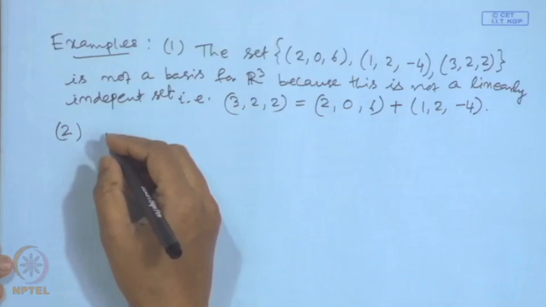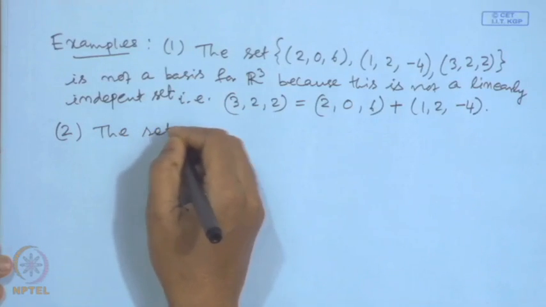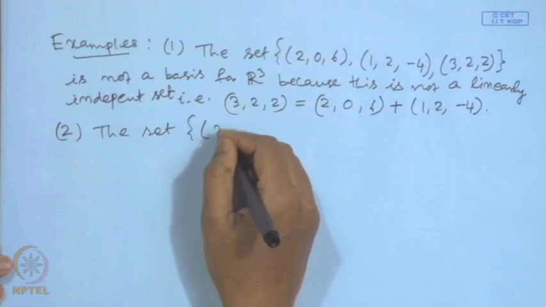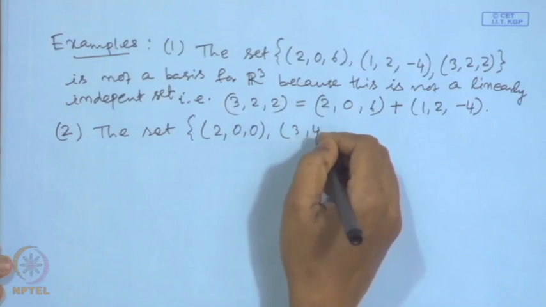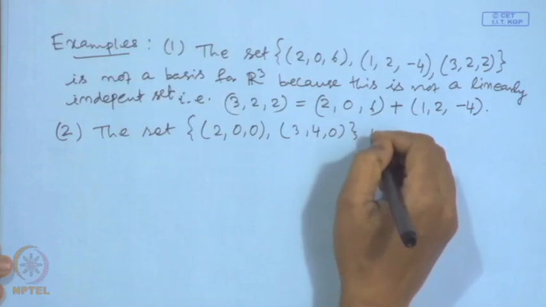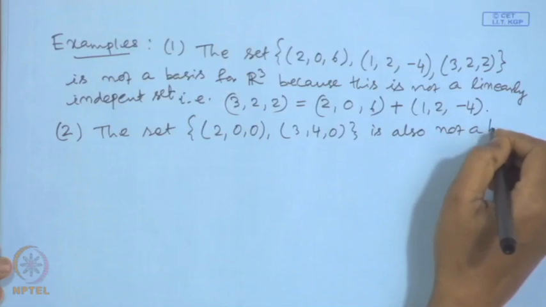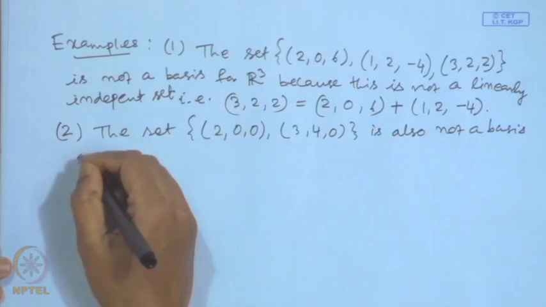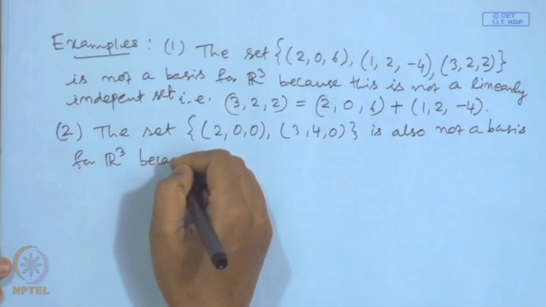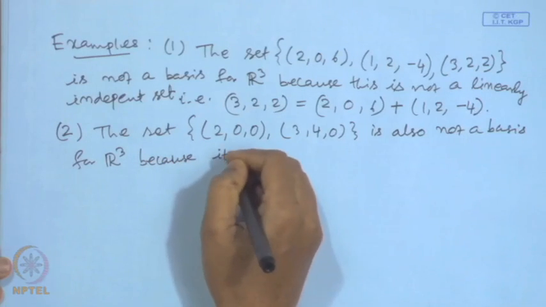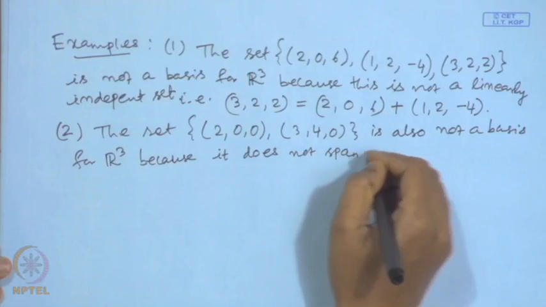Another example is that this set consisting of vectors (2, 0, 0) and (3, 4, 0) is also not a basis for R3, because it does not span R3.